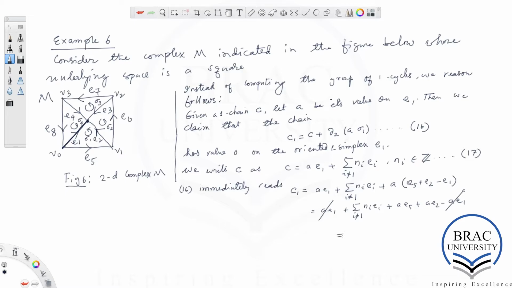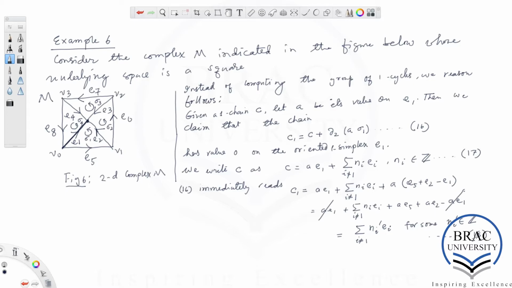So we can write it as the sum of all Ni prime Ei, where i is not equal to 1, for some Ni prime in the set of integers. This is equation number 18.